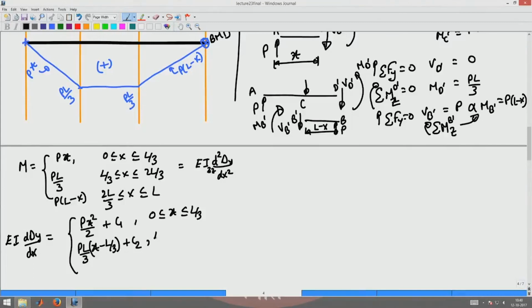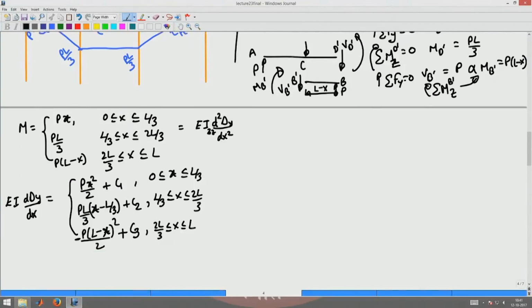For L by 3 less than x less than 2 L by 3, and this will be P into (L minus x) whole square by 2, with a negative sign because x has a negative sign, plus C3 in the region 2 L by 3 less than or equal to x less than or equal to L.